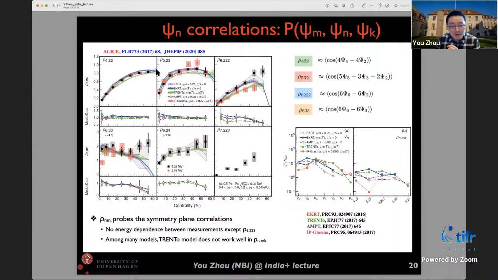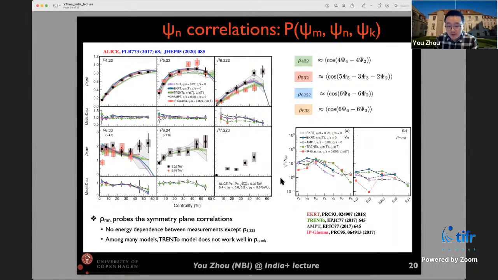But if you go to very peripheral collisions, there's a clear American football shape, and then there's a clear ψ2 and ψ4, because the geometry tends to align with ψ2, which gives you a very strong correlation between ψ2 and ψ4. When ψ2 and ψ4 are very close to each other, it will be cosine 0, which gives you 1. That is what we see in more peripheral collisions for the rho 422.